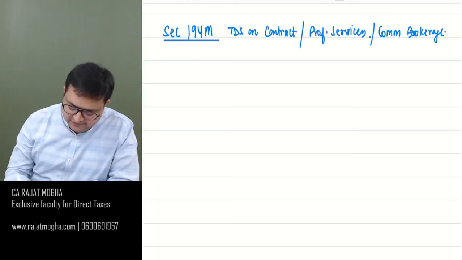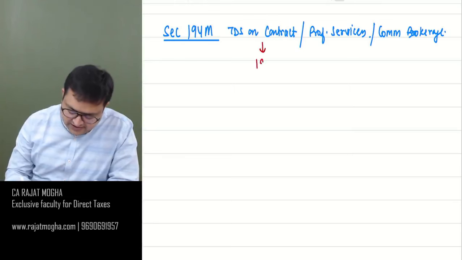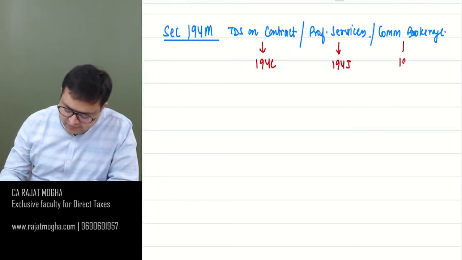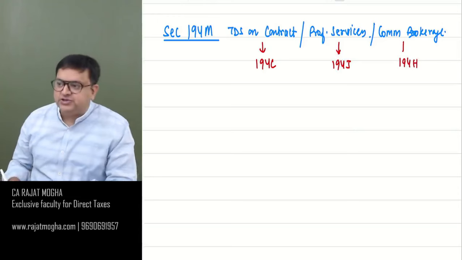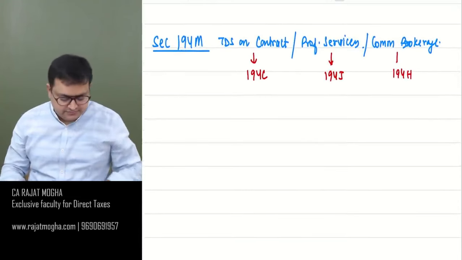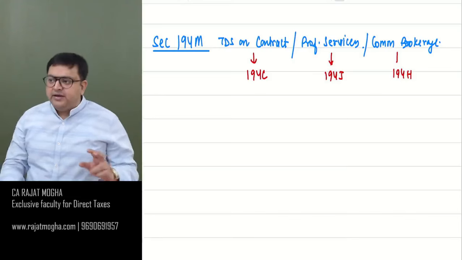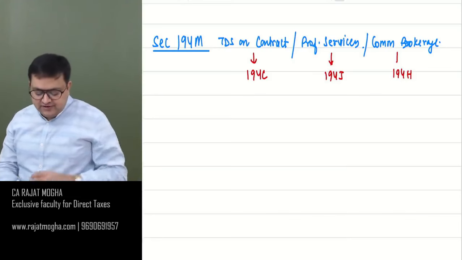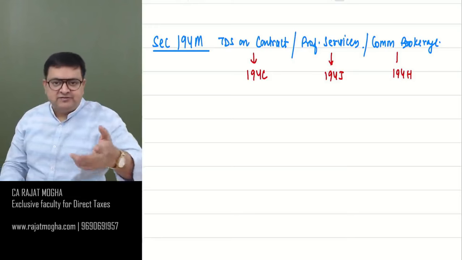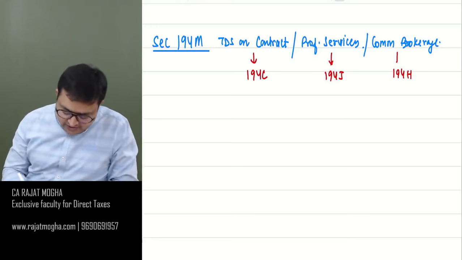See, we have certain sections on TDS on contract like 194C. On professional services, we have 194J. On commission brokerage, generally we have 194H. But in 194C, whenever you give a contract, it should be a business contract and only big individual.